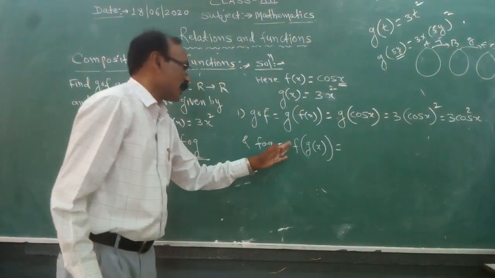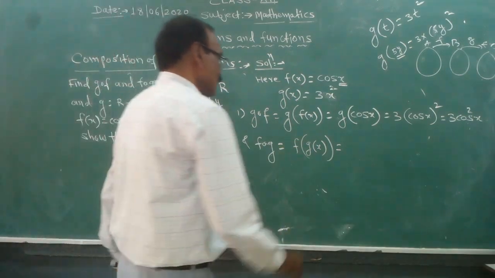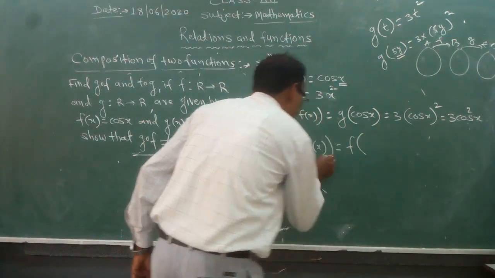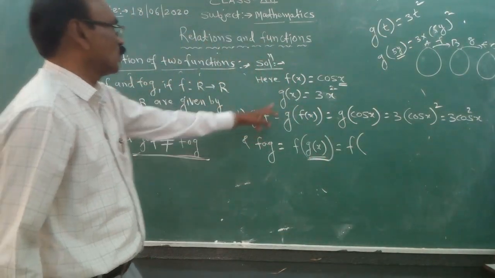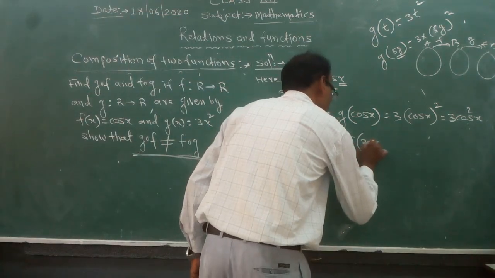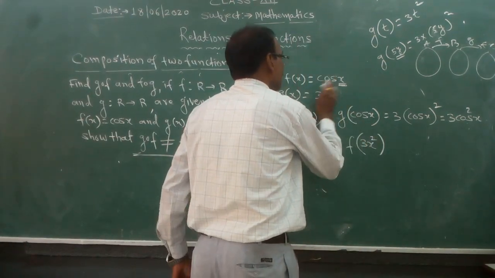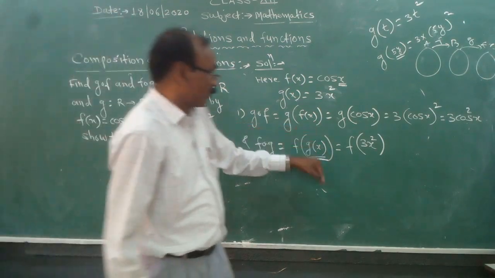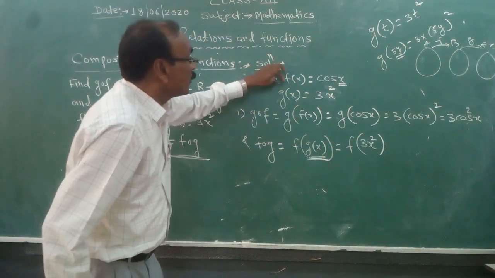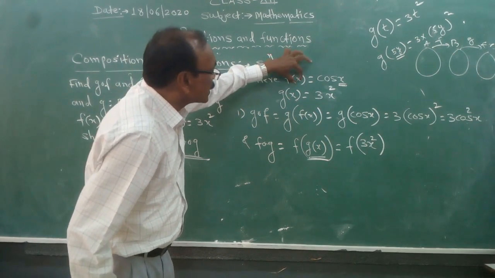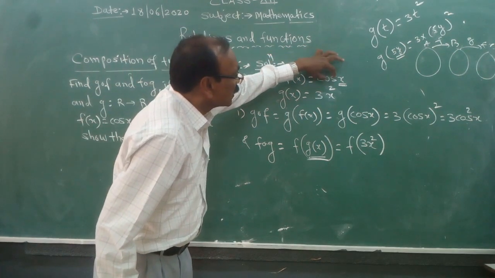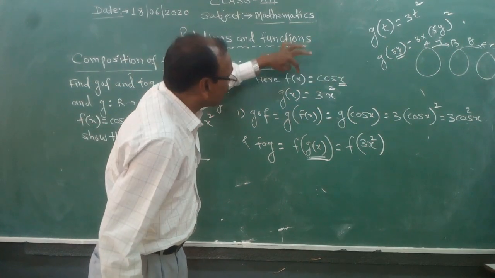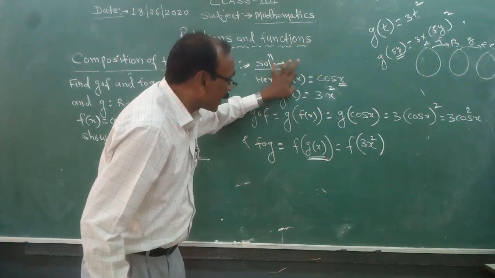So f of g of x equals, what is g of x? g of x is 3x square. Now, what is f of 3x square? f of x means cos of that domain.